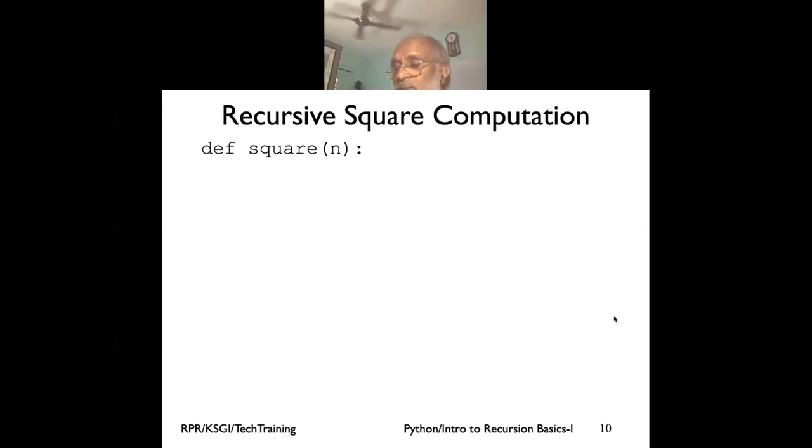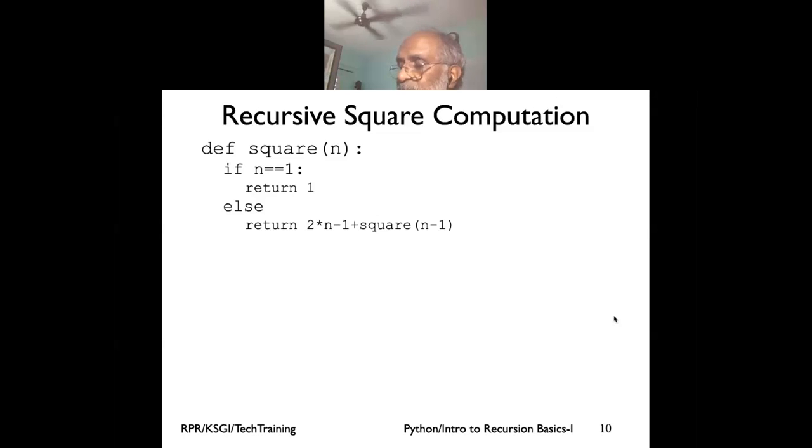Computing square. I want to find n square. Now, if n is equal to 1, my answer is 1. Correct? If n is not 1, then we know the answer is square of n minus 1 plus 2n minus 1. And this gives you the answer. I'm not writing any loop at all.